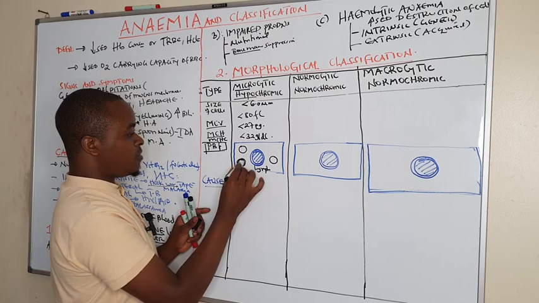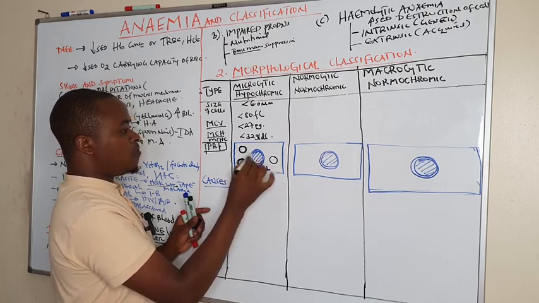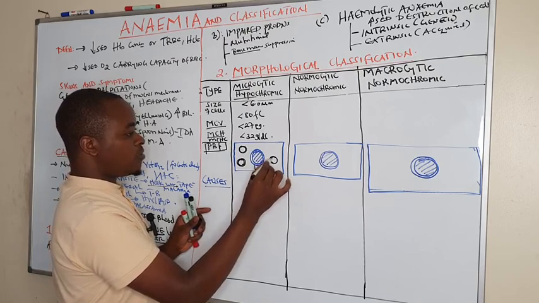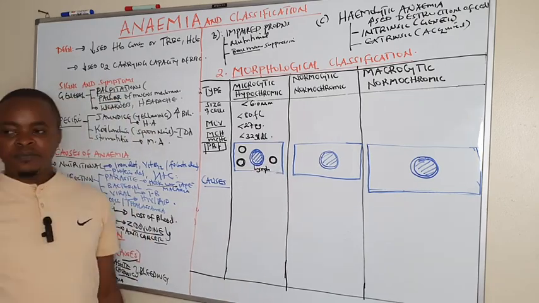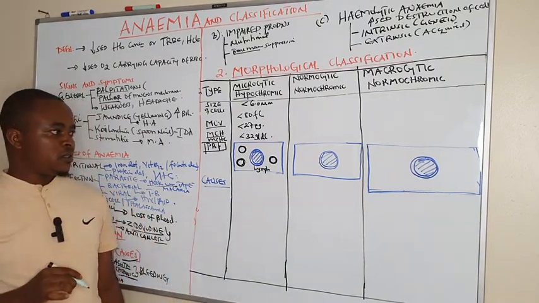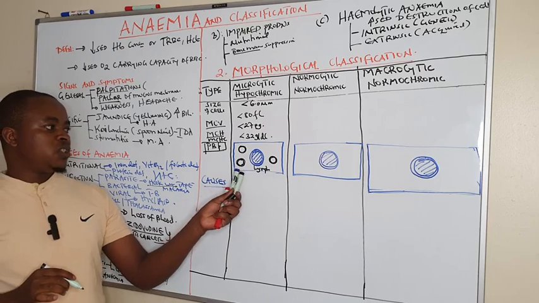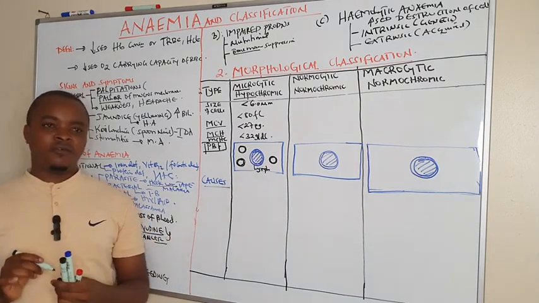They have a big area of central pallor. This is what we call microcytic hypochromic red cells. This is what you see under thin film: small in size with little HB content. How do we know it is small in size? By comparing with the nucleus of a small resting lymphocyte.